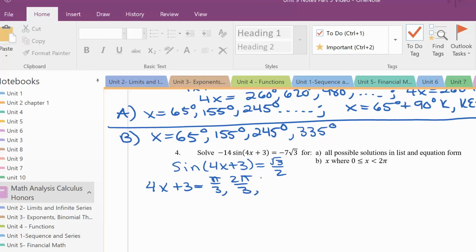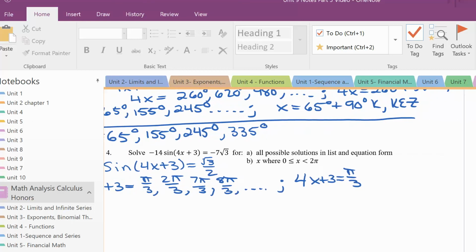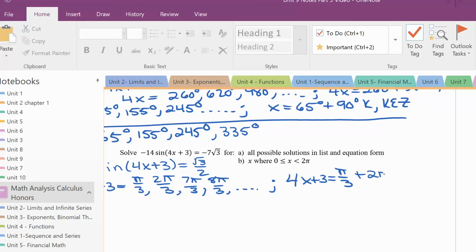And then if you add 2 pi, 7 pi over 3, and then 8 pi over 3. So there's our list. So that means as an equation, 4x plus 3 is equal to pi over 3 plus 2 pi k, where k is an integer, and 4x plus 3 is equal to 2 pi over 3 plus 2 pi k.